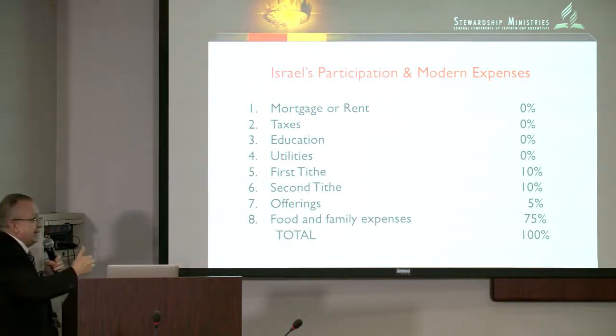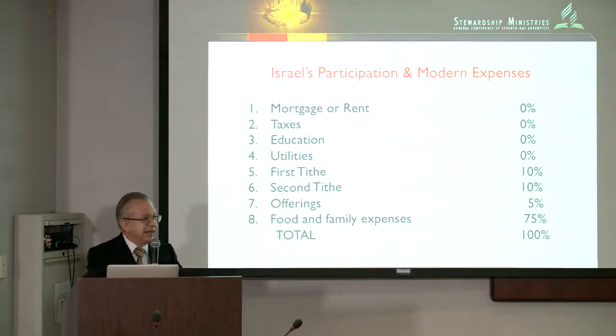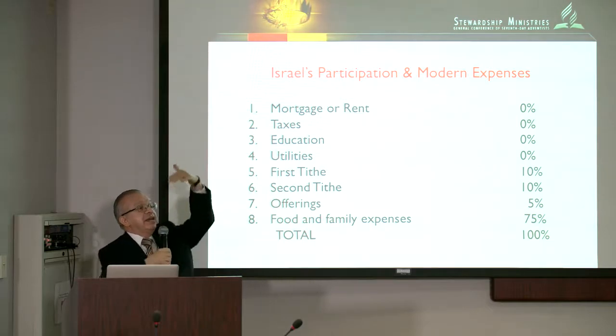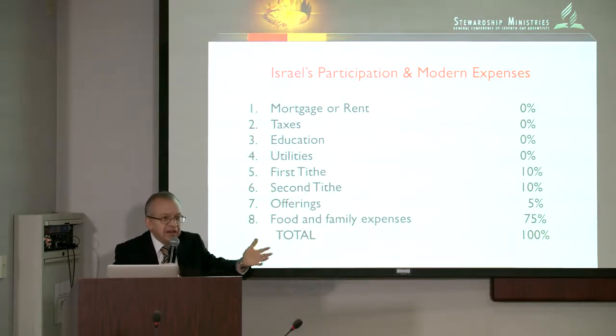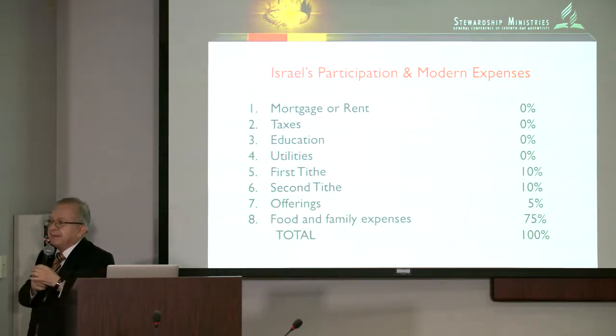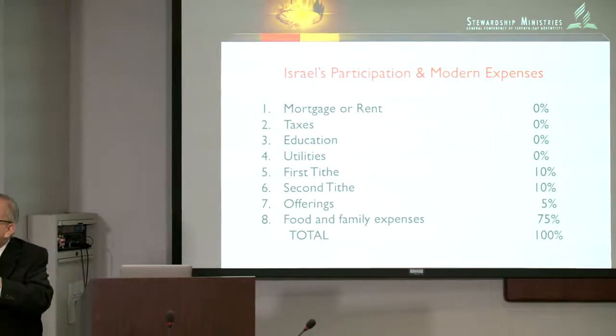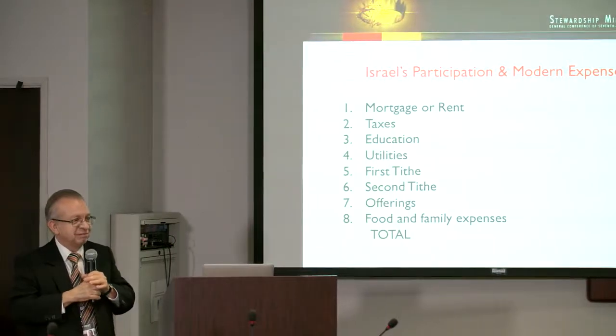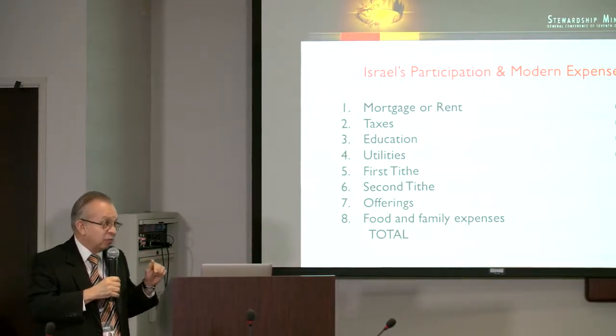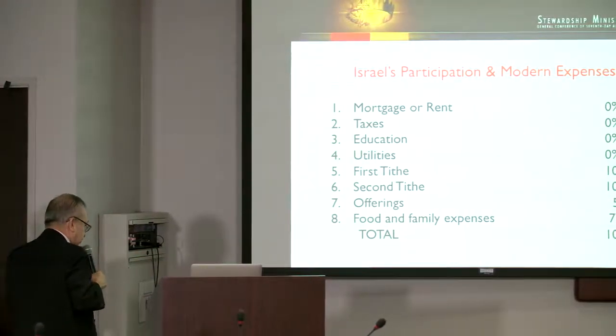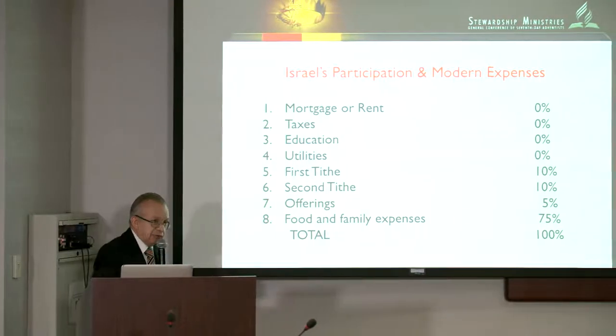So in the next year, there was an increase, and the next increase, until the point that Israel became a rich nation. And God had mentioned that you will be a rich nation.